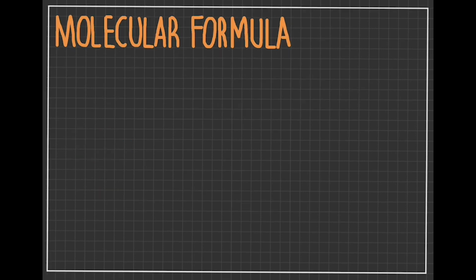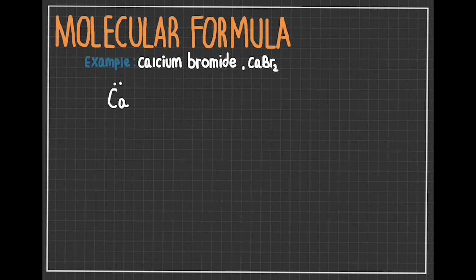Now let's move on to discussing how many of each atom is needed to form an ionically bonded molecule. For example, calcium bromide is CaBr2 and needs 2 bromides for every calcium atom, and we're about to learn why. Consider the electron configuration of calcium. Note how it has 2 valence electrons in its valence shell, so we know it must lose those 2 electrons and gain a 2+ charge.